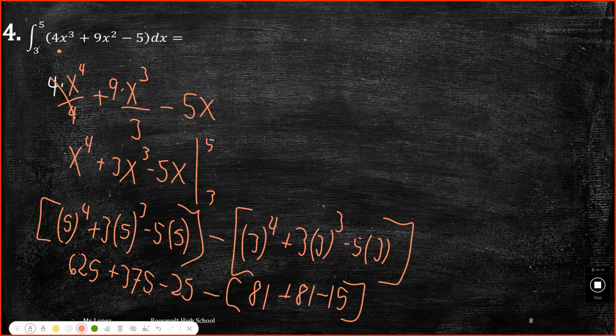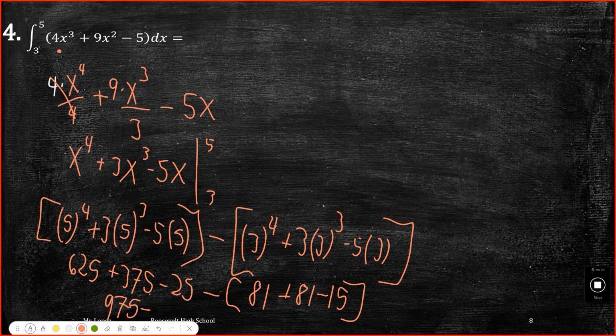Man, calculator. Take out your calculators. 625 plus 375 minus 25. 975. 975 minus 162 minus 15.